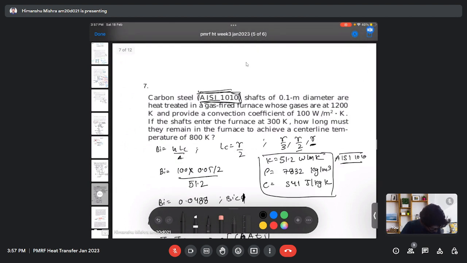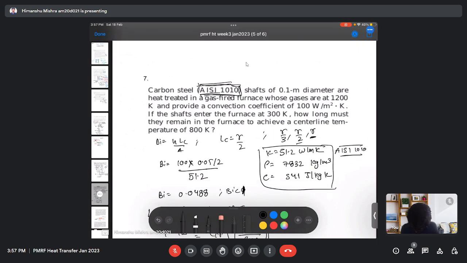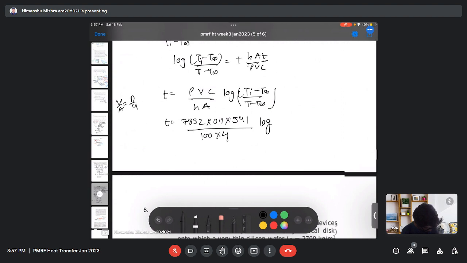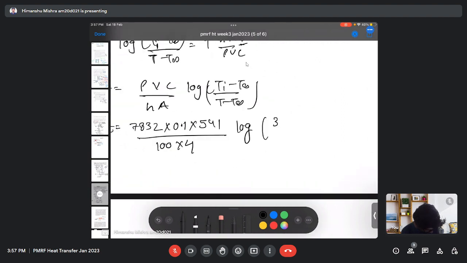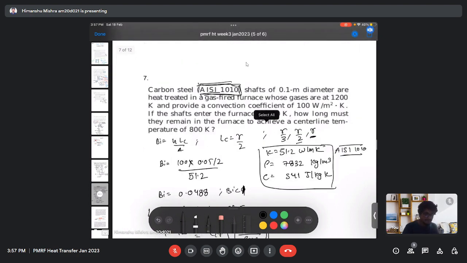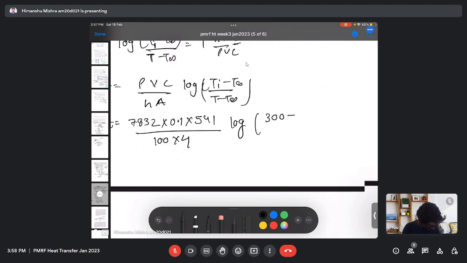So my initial temperature is 300 and the temperature of the fluid is 1200.